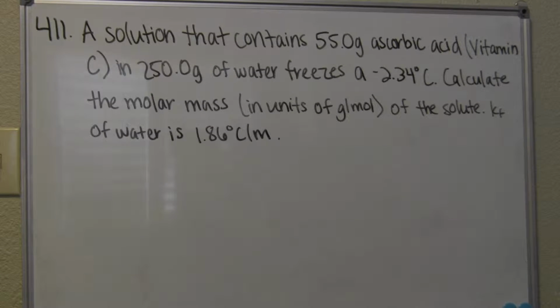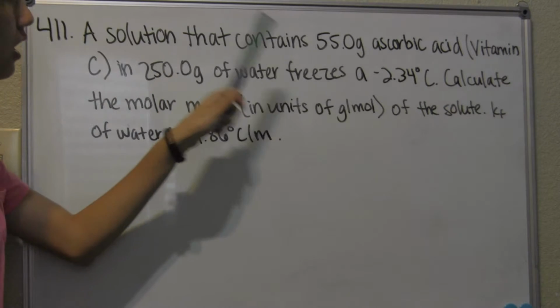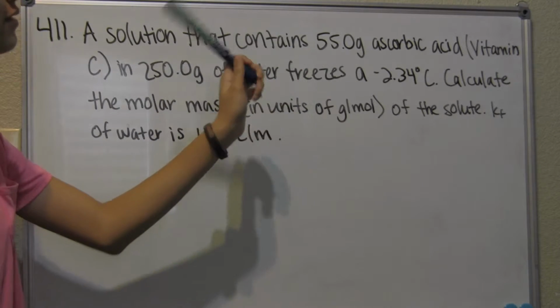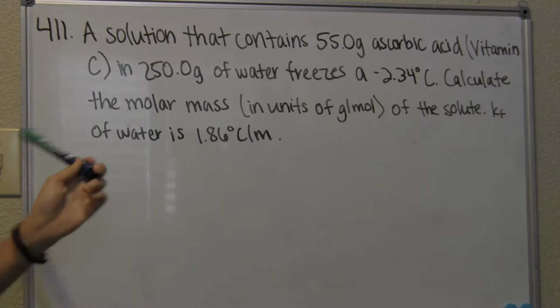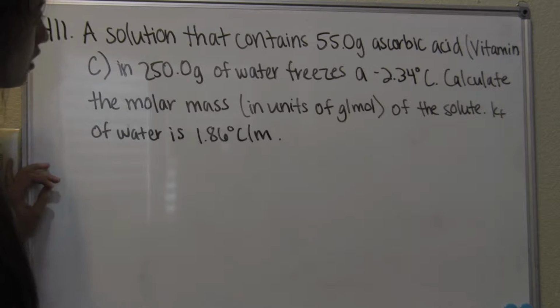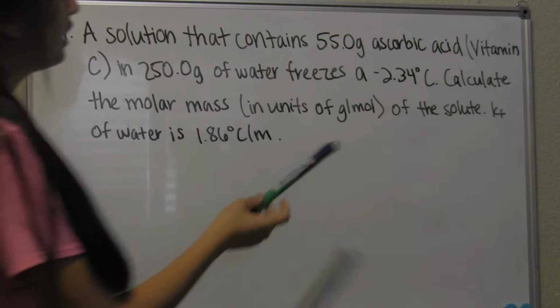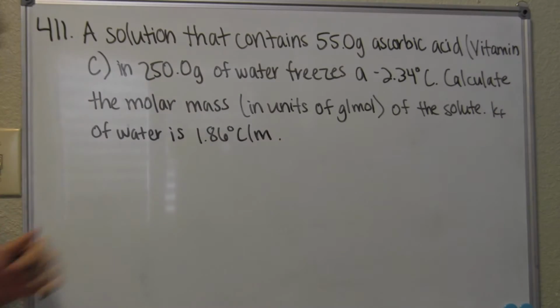Hi guys, it's Catherine and I'm going to teach you how to find the molar mass given 55 grams of ascorbic acid, 250 grams of water, and then the Kf of water as well as the temperature change.